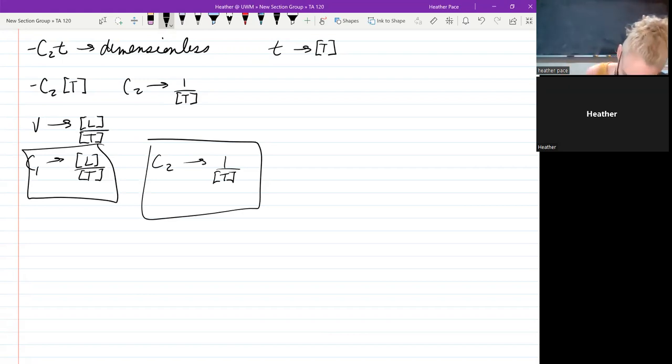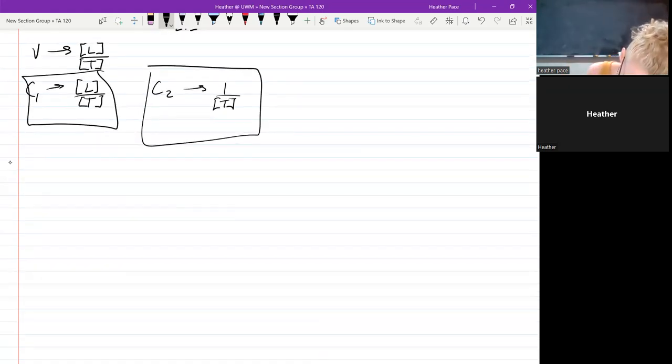All right, so let's do 3. Okay, so like we said before, we need the dimensions on the right-hand side to match the dimensions on the left-hand side. So how will we do this? Let's start with the omega t.